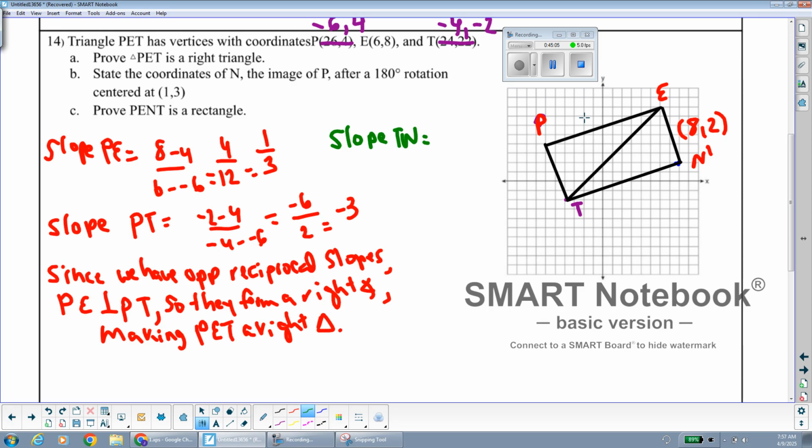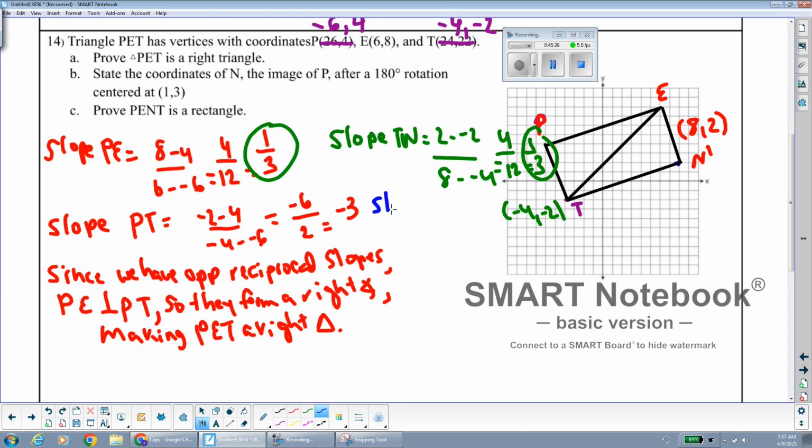So point T, I'll just take between negative 4 and negative 2, so I can easily subtract the points. 2 minus negative 2, over 8 minus negative 4. So that is 4 over 12, which is 1/3. And look, it's the same as here, which is awesome. Okay, and then we need the slope of EN.